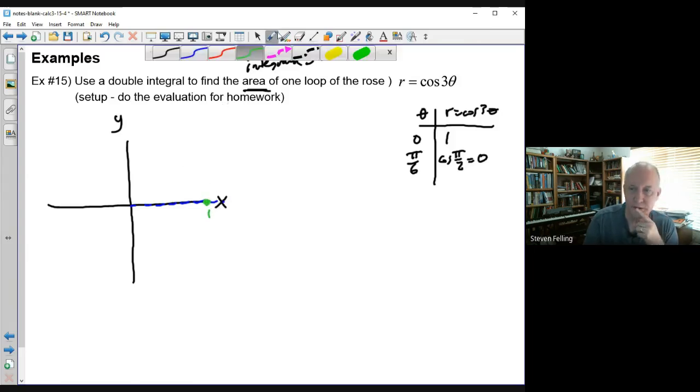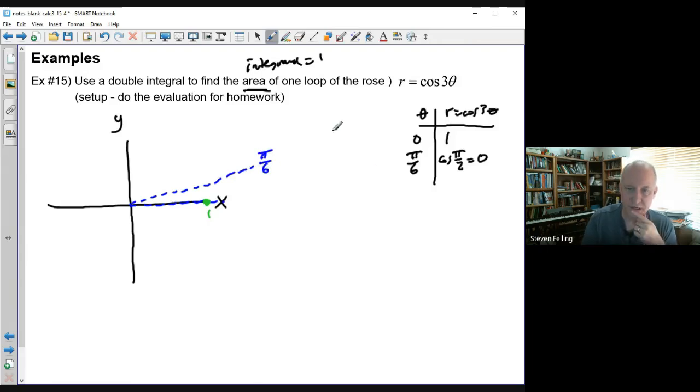By the time I get to pi over 6, I'm at 0. All right. You know what? I think I'm going to want at least one intermediate value. What is it if I go to pi over 12? What's happening in between there? Let's try that.